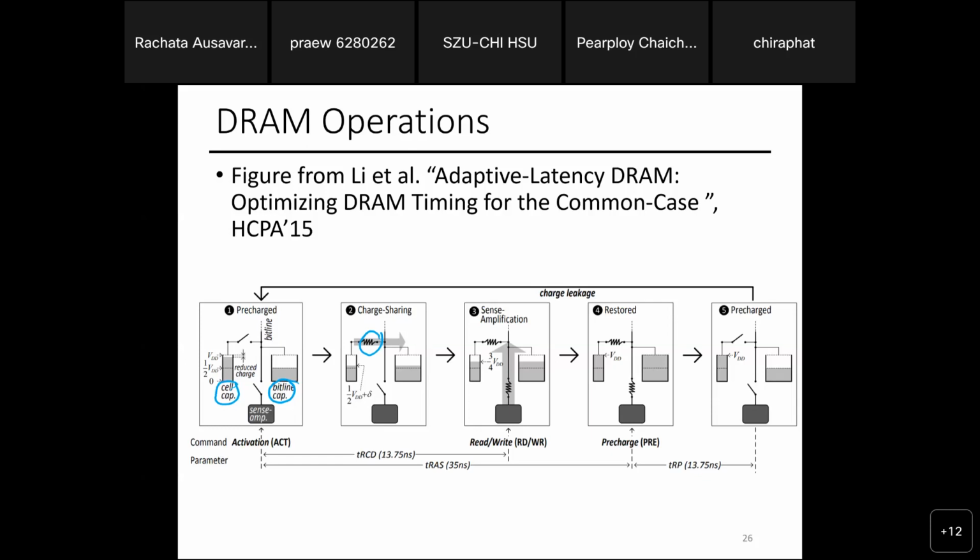The next step is I kick in the sense amplifier by closing the switch at the bottom. When I close the switch at the bottom, I connect the whole circuit. The job of the amplifier is this: if I see greater than 1/2, I put electrons everywhere. If I see less than 1/2, I drain the electrons from everywhere. So in this case, it's greater than 1/2.